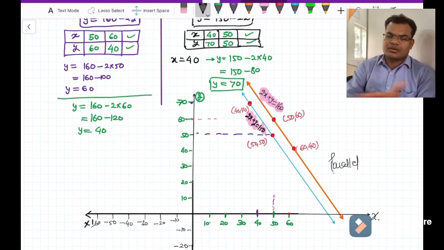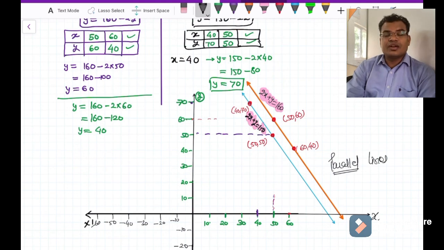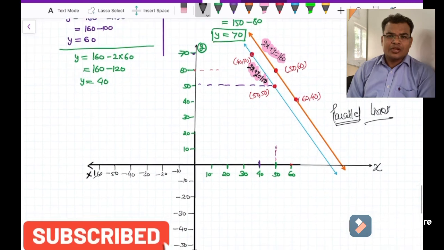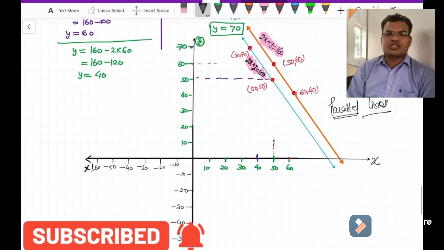Like this, there is no problem. And by this graph, it is clear. So just write down here, the lines will be parallel. So this is the perfect graphical solution.